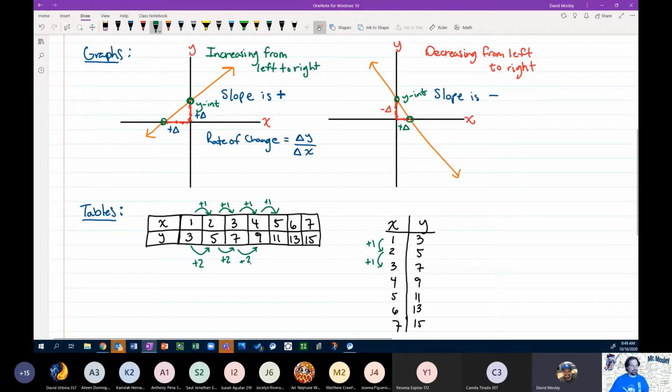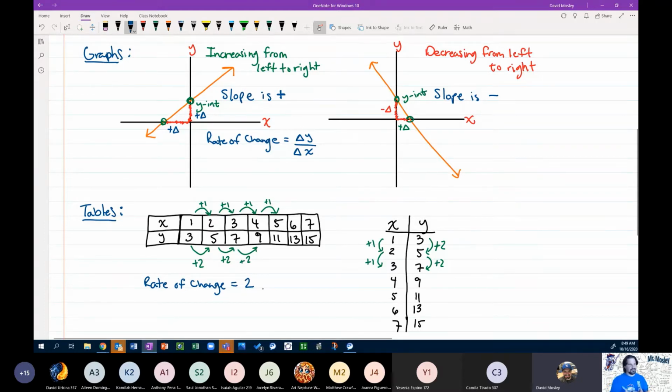And so regardless of which type of table I use, we'll get the same rate of change. For every 1 unit change in x, we get a 2 unit change in y, right? Which means the rate of change in this table is just 2.